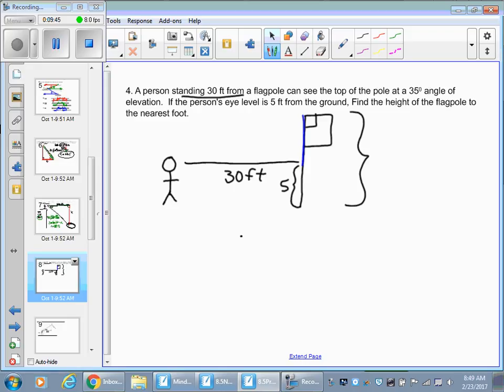The other thing that is in the story is that this person can see the top of the pole at a 35 degree angle. So 35 degrees goes here. All right, so to figure out that blue side, we're going to have to do SOHCAHTOA again.